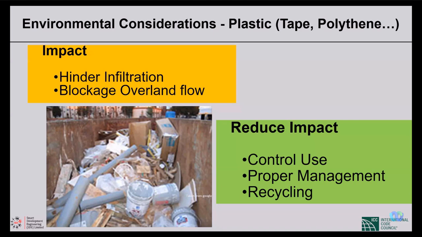Infiltration is reduced, which means less recharge, less flow to the inside, and that means overflow to the outside. Besides, these polythene bags are dumped without proper management into the drains and block the drainage system.